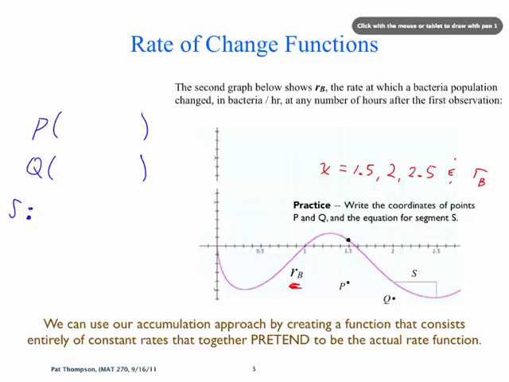This y value. That's R of 1.5. Okay, keep going. This is the point on the curve at 1.5, so this y value is R sub b of 1.5. That's not the y value of P. That's why we're doing this.